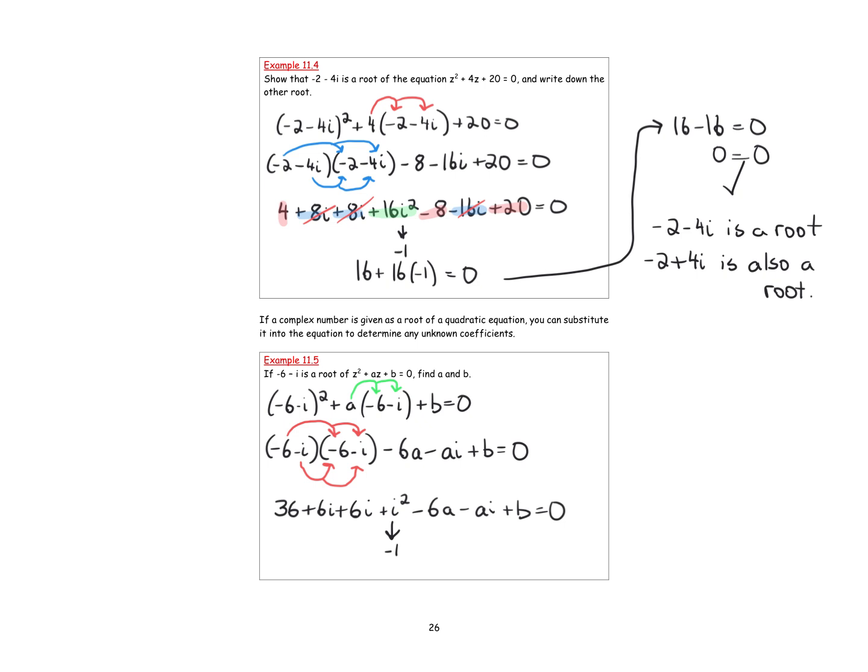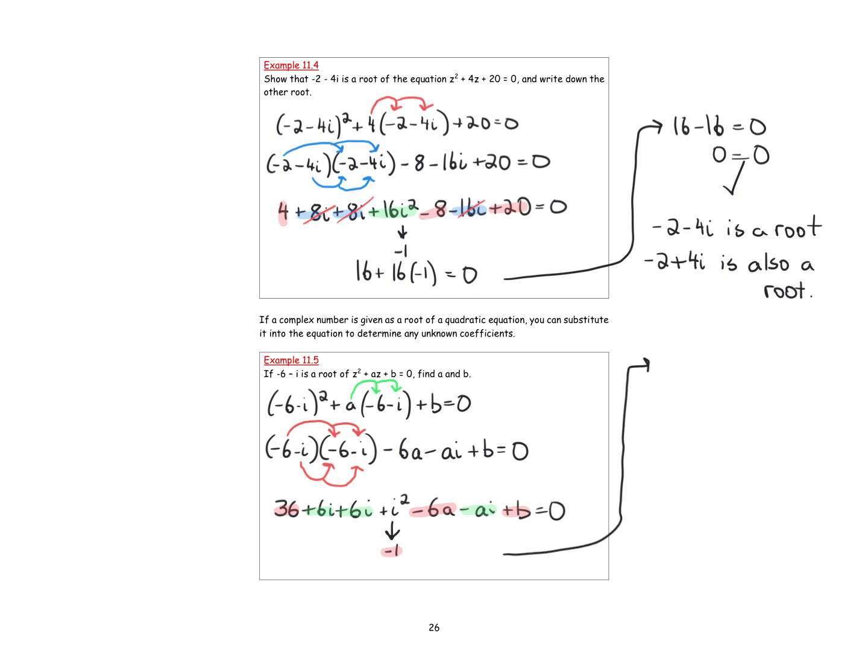I'm going to highlight my like terms. I first of all have 36. Minus 1 is a number. Minus 6a is a number as there's no i there. And plus b is a number as there's no i there. The 6i and the 6i and the minus ai are also like terms as they are all i. Bring it back then up here just to give me a bit more space.